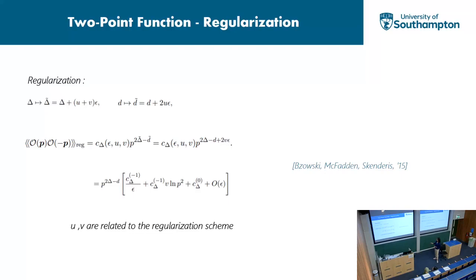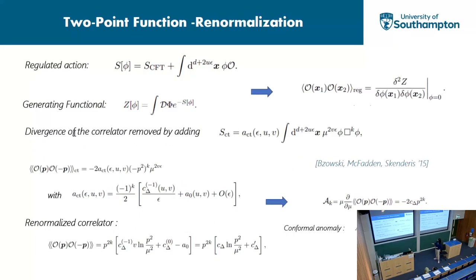Now once we choose this regularization, we can compute the regulated correlator, and it turns out that this has this divergent piece here. Now it turns out that the divergence that arises for the 2-point correlator can be removed once we add a counterterm action having this structure. Here phi is the source that we couple to the operators, and mu is a scale that we are adding for dimensional purposes.